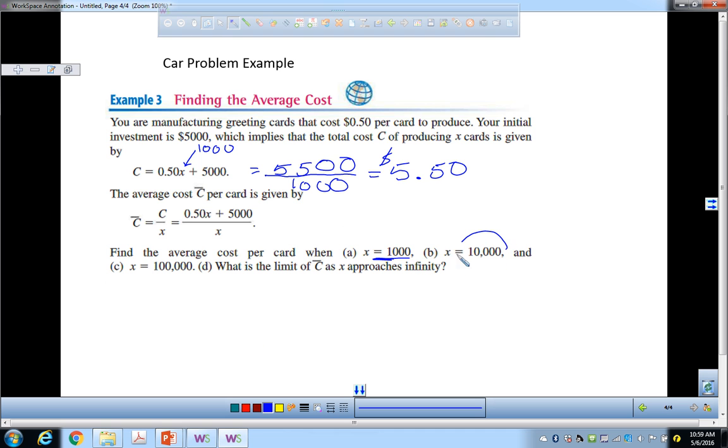I'll show you. If you produce 10,000 cards, because this is your setup cost, you plug into the formula your cost.